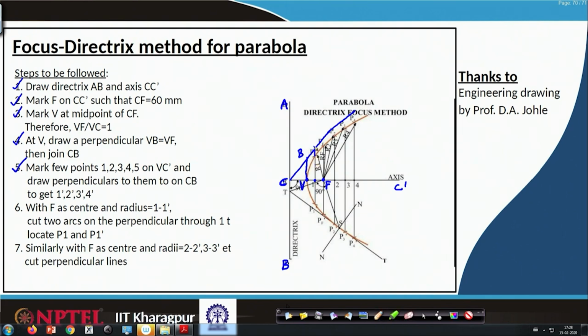1 we have extended, so that 1 dash we got. Whatever the 1 to 1 dash length is, use that length with F as center and radius 1, 1 dash, make an arc which intersects this curve. Let us look at the drawing sheet.